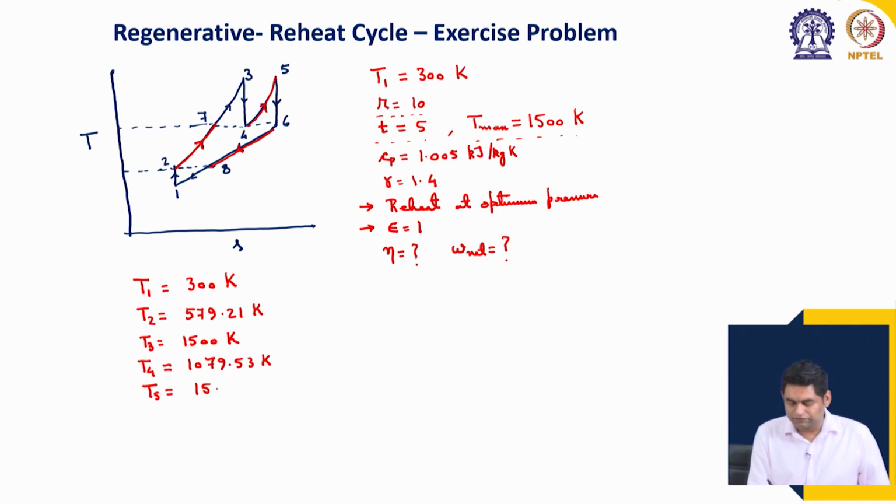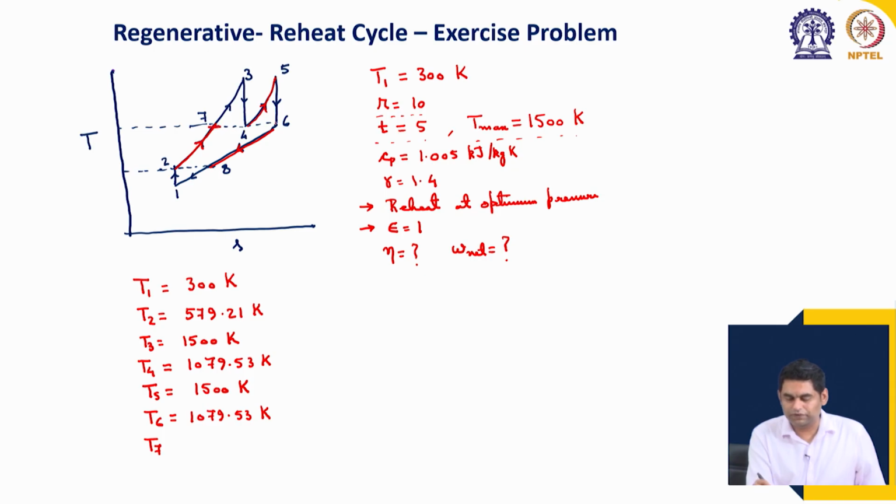T 5, of course, is 1500 Kelvin, assuming that both T 3 and T 5 are at same temperature, because that is the turbine inlet temperature, maximum temperature. T 6 can be obtained similar to T 4, T 6 is equal to 1079.53 Kelvin. T 7 is equal to T 6.